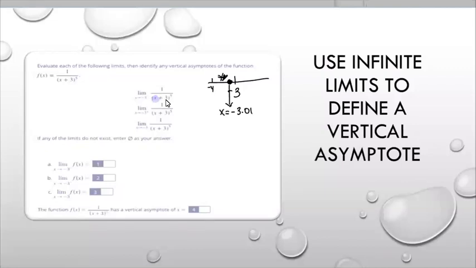Negative 3.01 plus 3 is going to be negative 0.01, a negative number.